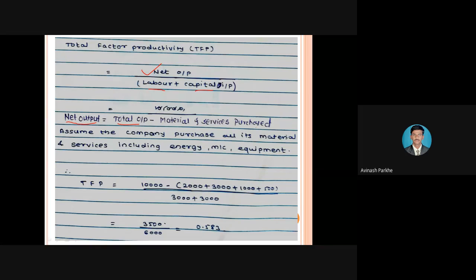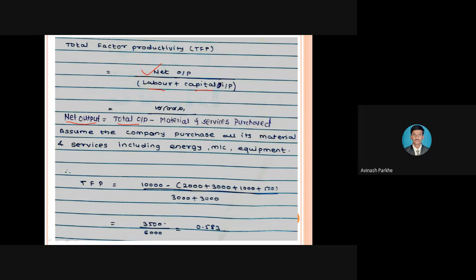Whatever the input resources available, those resources we can easily purchase, those services we have to subtract from the total output, and from that subtraction you will get the net output.